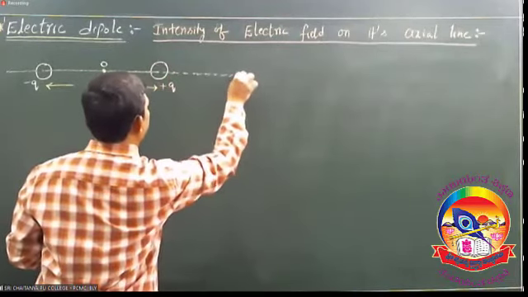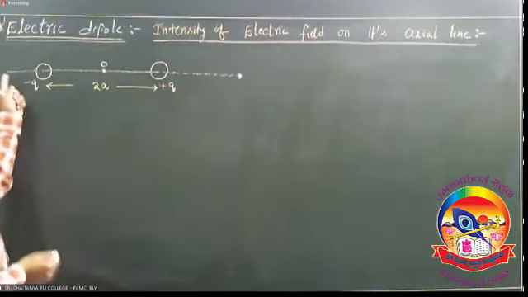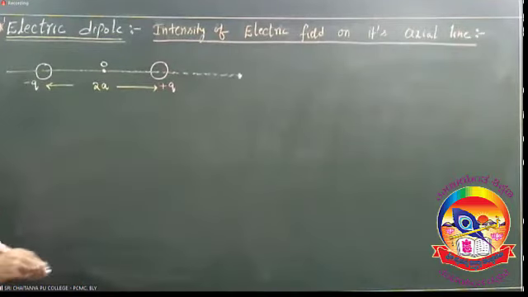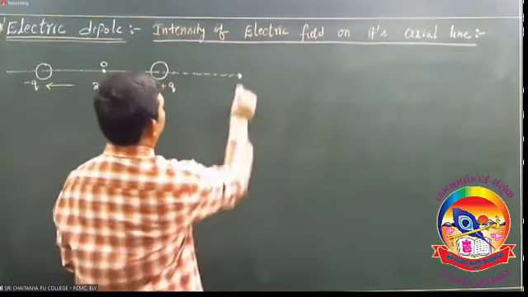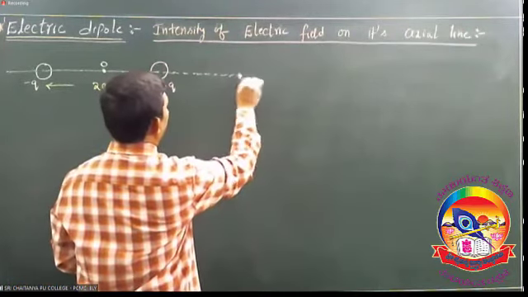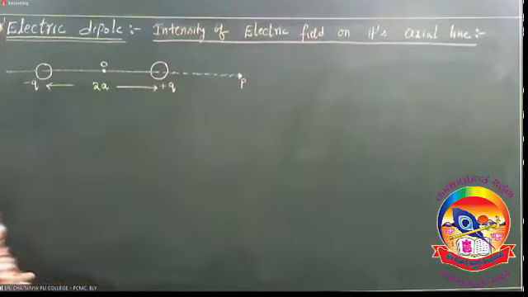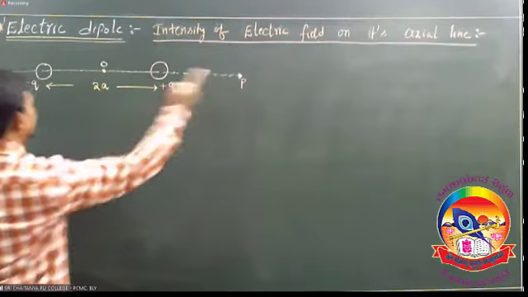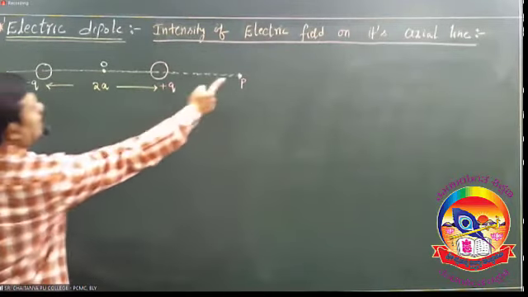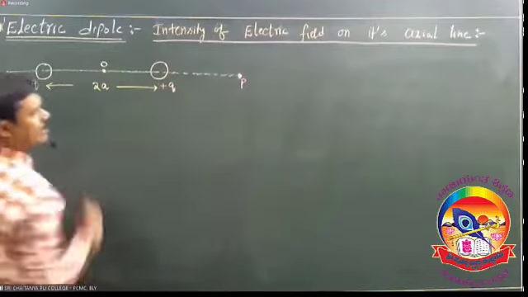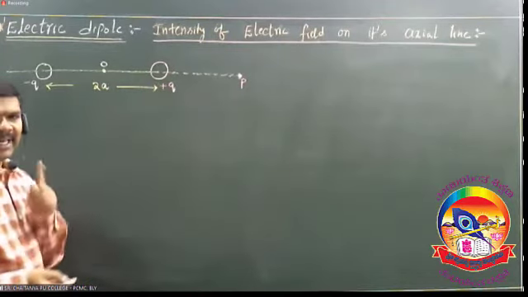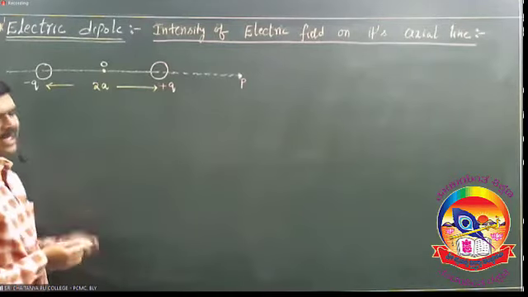So let P be a point on this axial line, right? At this point P, what is the intensity of electric field due to this dipole? That is the question. Where is the point P here? P is a point on the axial line. See, whenever you are considering distances, we always consider distances from the center.